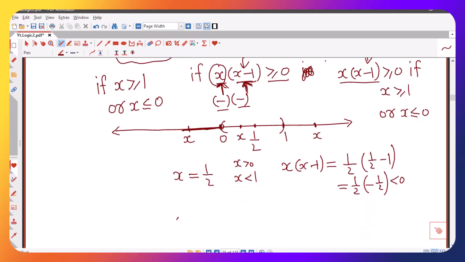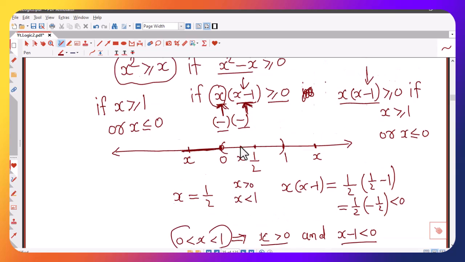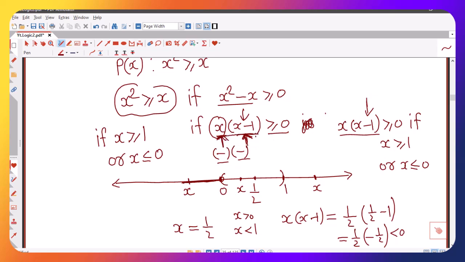So whenever we have 0 less than x less than 1, that means x is greater than 0, but x is less than 1, therefore x minus 1 is going to be negative. So positive into negative, that is going to be negative. So if x lies between 0 and 1, then this is having truth value false.